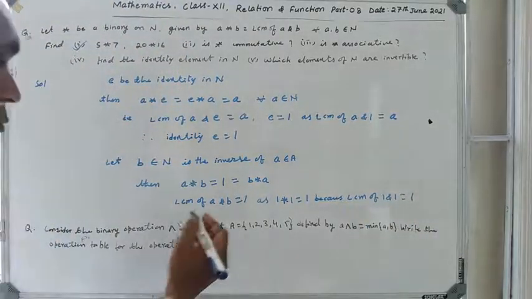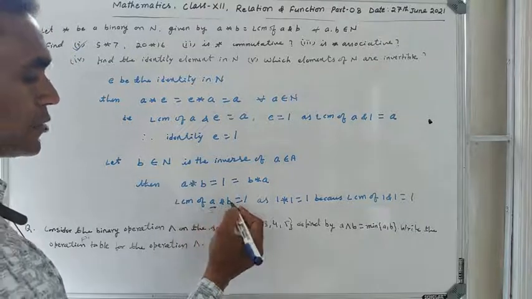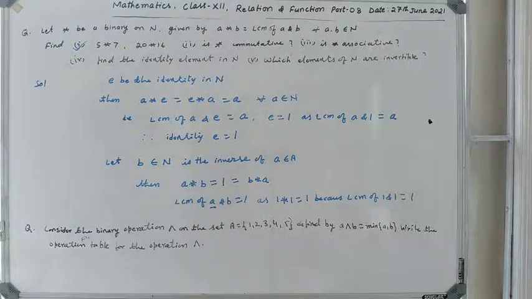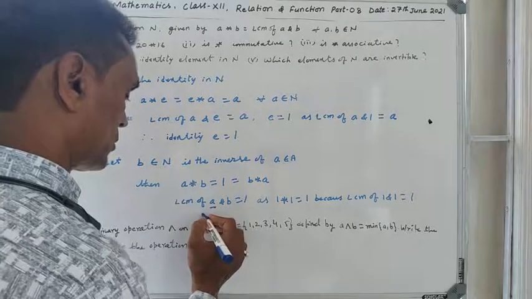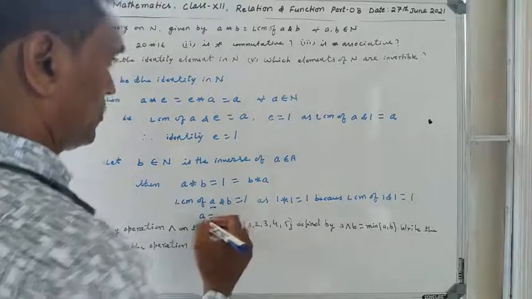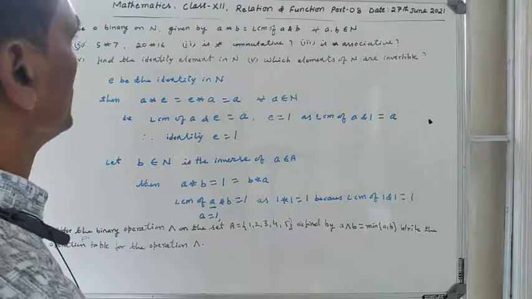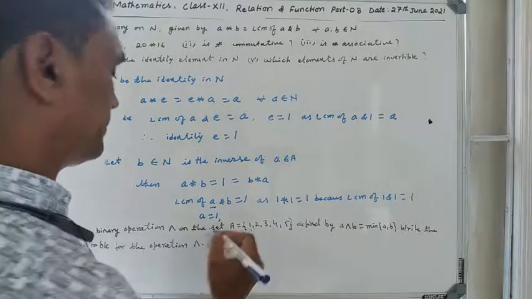So A must be 1 and the inverse of A is itself, that is 1. So 1 is the only element which is invertible.